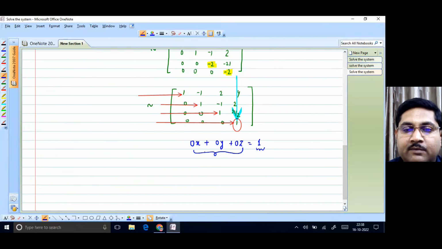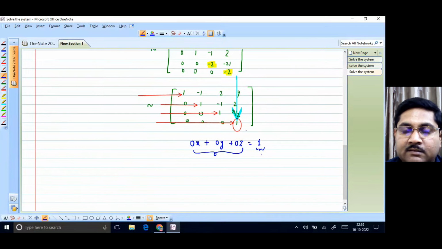Whatever values of x, y, z we substitute, upon multiplication by 0 they will become 0. So no such x, y, z exists which will make the left hand side equal to 1. So this is the case of no solution.